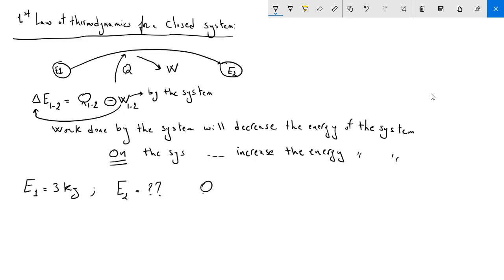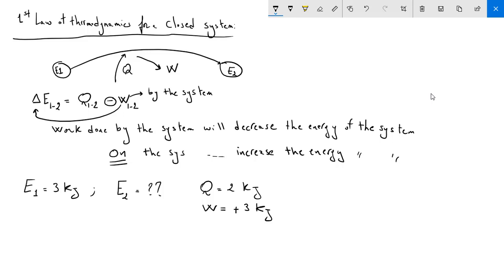Let's say that the heat transfer into the system is 2 kilojoule, and the work is done by the system, plus 3 kilojoule.